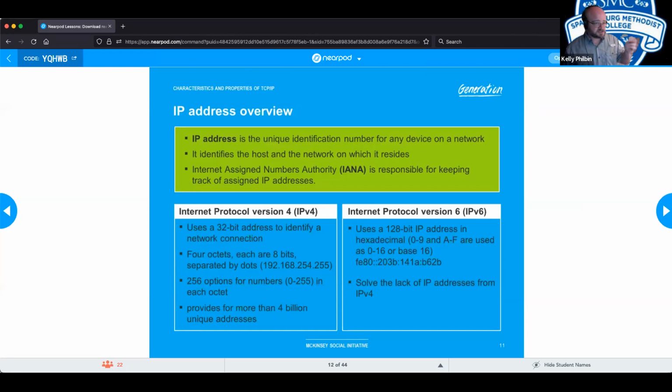They're very different with regards to binary, but if you're looking at it written as we would read it, you would not be able to tell the difference. So it would give you two completely different addresses. We will get into this here in just a little bit. We'll talk about the compression rules, and it'll make some more sense.